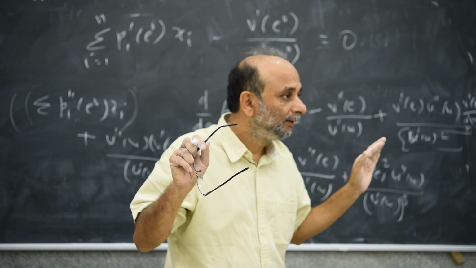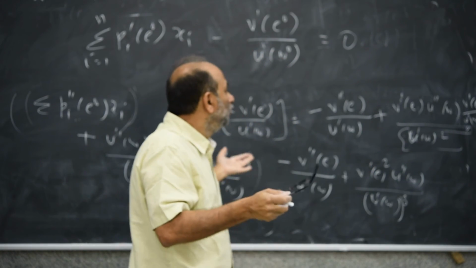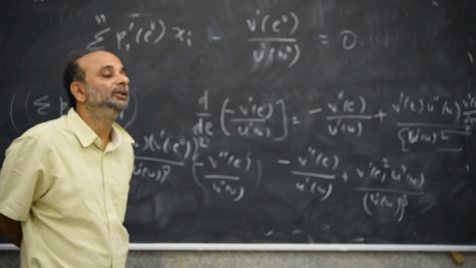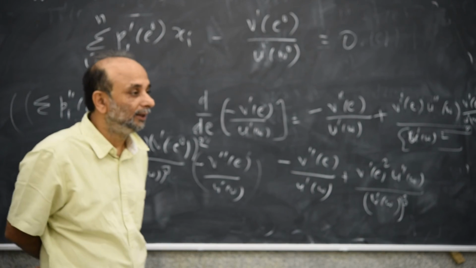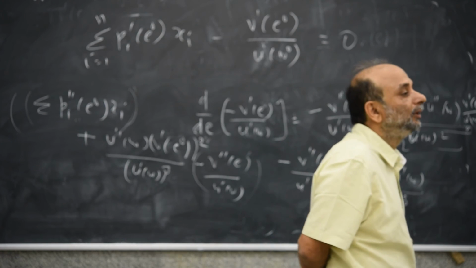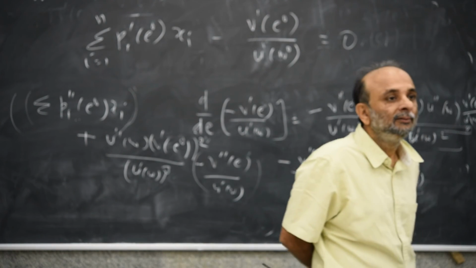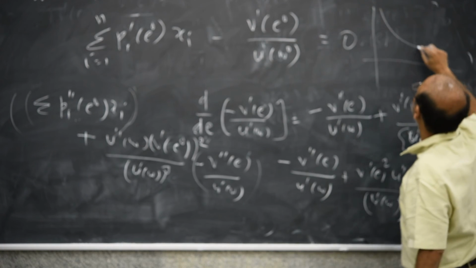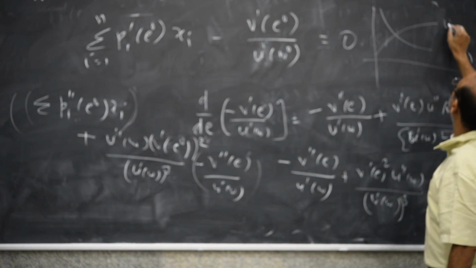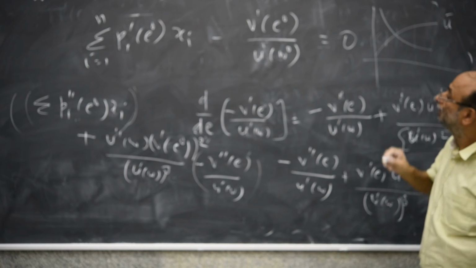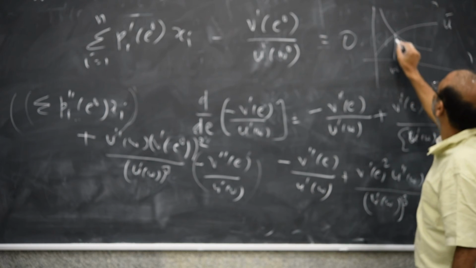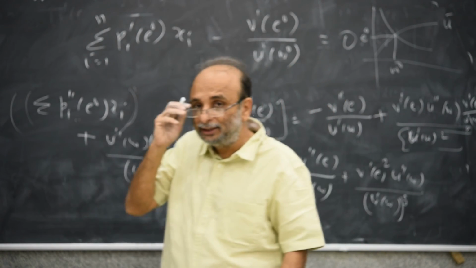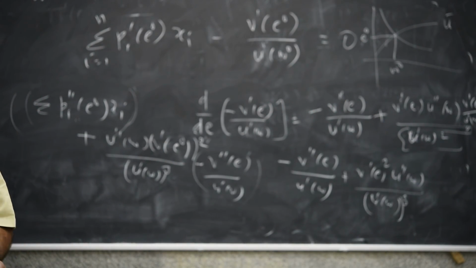Everybody gets that? So what will happen if the agent increases reservation utility? What do you think will happen to the optimal contract? So I have for example something like this. This is the equilibrium. This is U bar. This is W in equilibrium, E0 WC. What if my agent gets an alternative opportunity which is better?